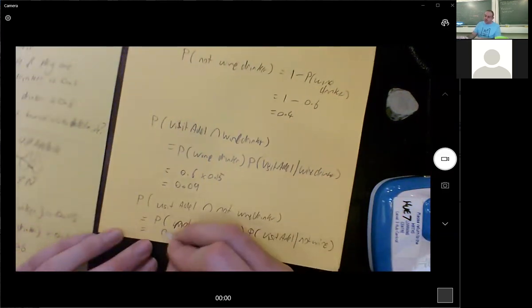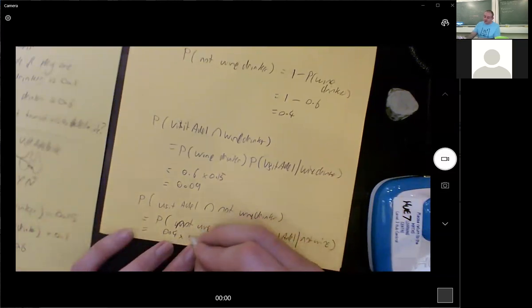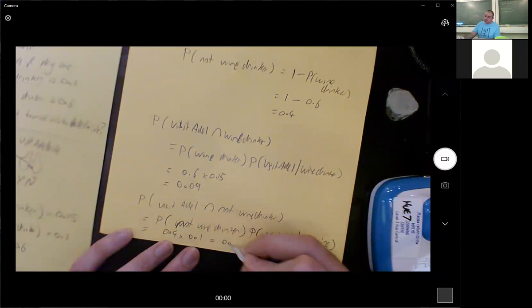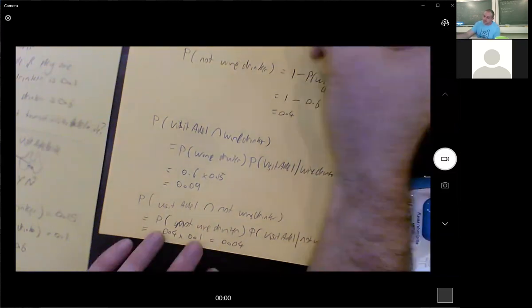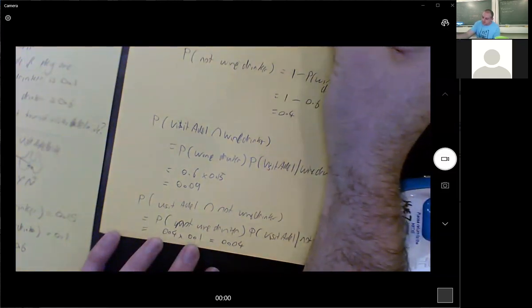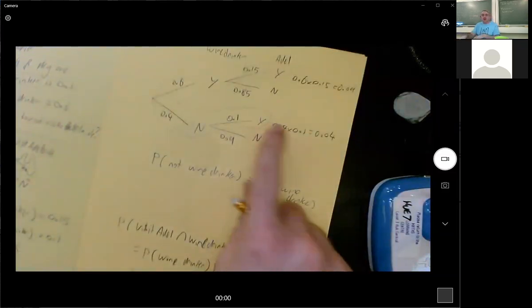So not being a wine drinker is 0.4. Probability of visiting Adelaide given that you're not a wine drinker would be 0.1, which would be 0.04. Just adding it to my diagram up here.